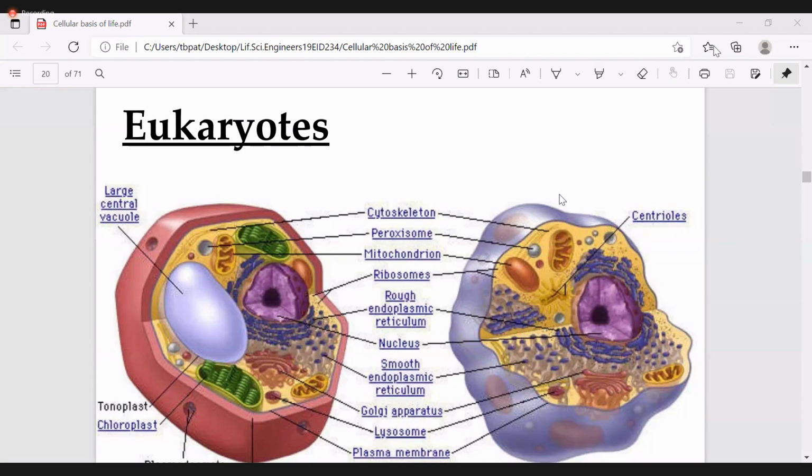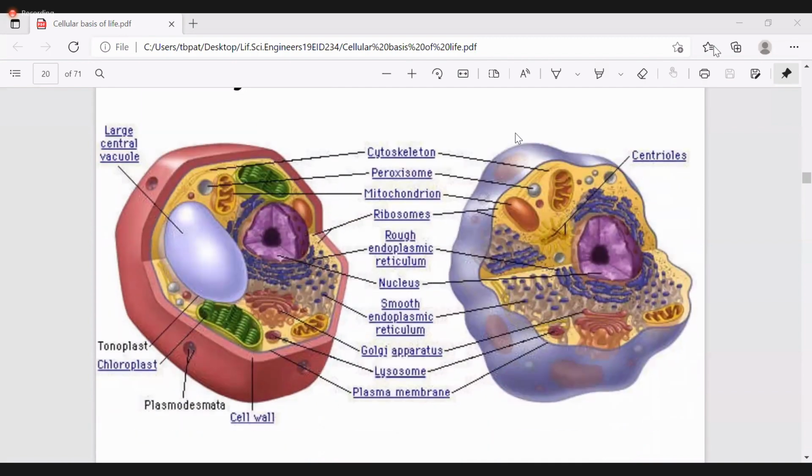Nucleus, ribosomes, mitochondria, everything is present.